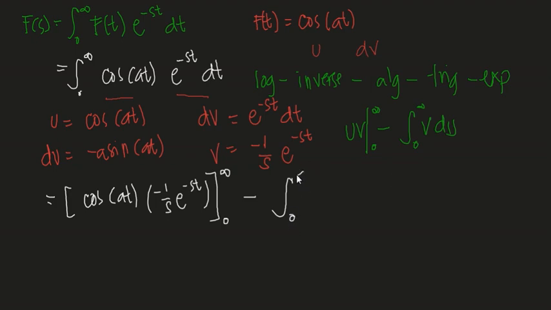equation from 0 to infinity, where na nga yung equation is v, negative 1 all over s e raised to negative st, multiplied by the du naton, which is negative a sine at.